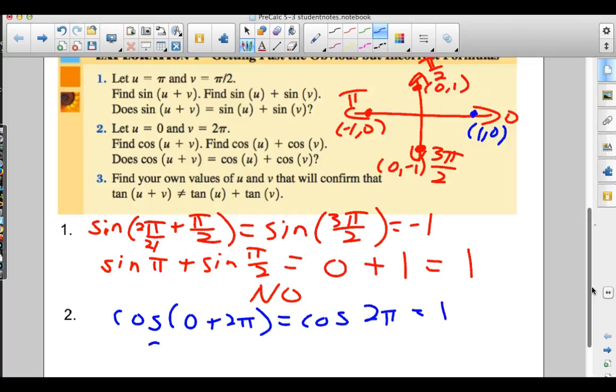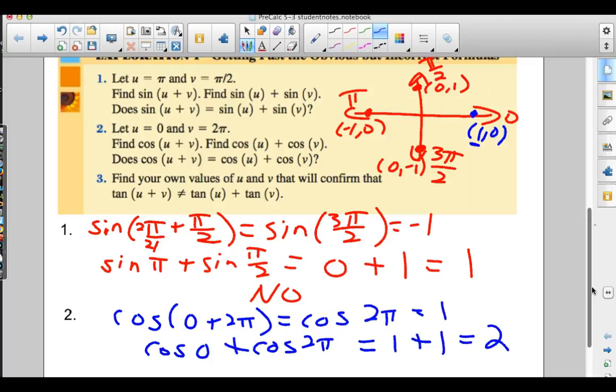And then they want us to find them individually. So the cosine of 0, then stop, plus the cosine of 2 pi. All right, let's see what we get there. The cosine of 0 is 1, plus the cosine of 2 pi is 1 again, and that gives us 2.